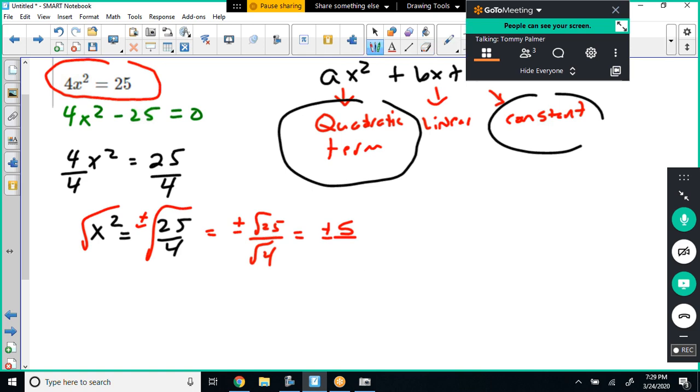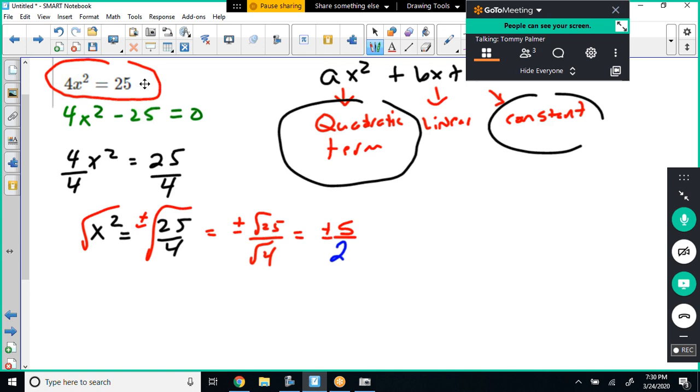Yes, it would be a 2. Square root of 4 is 2. Thanks, appreciate that. So it'd be 5 halves, which would be plus minus 2.5, right? And if you type that in just like that on Desmos and looked at your x's on your x-axis, it'd be one at 2.5, one at negative 2.5, right?